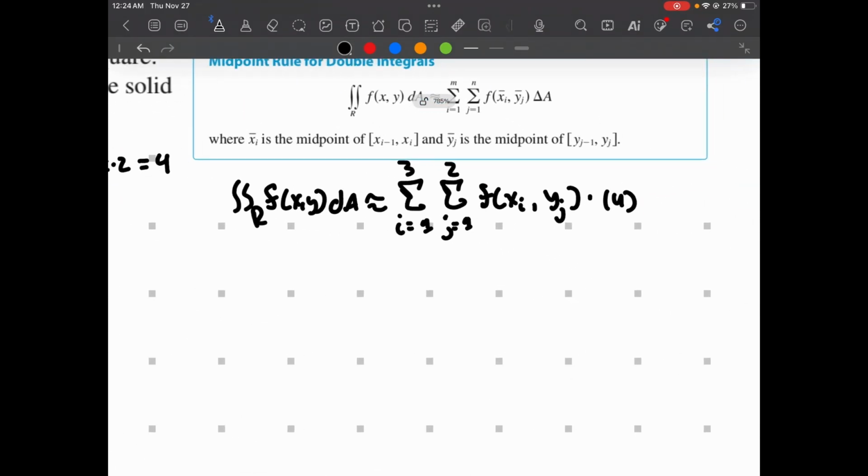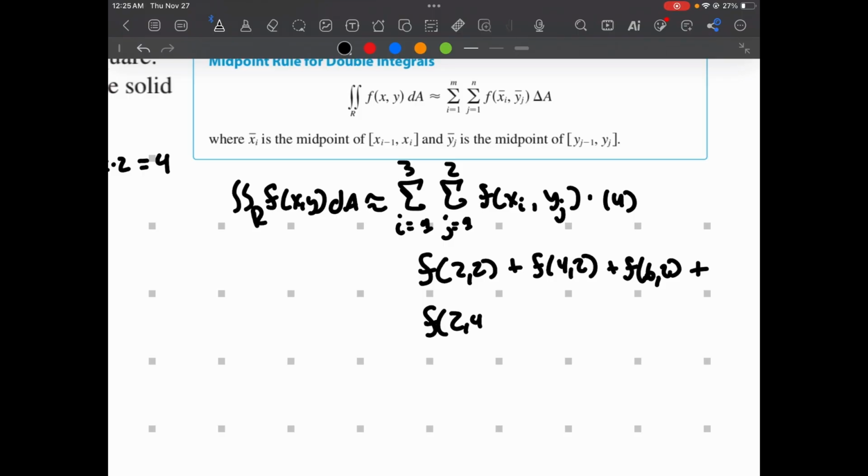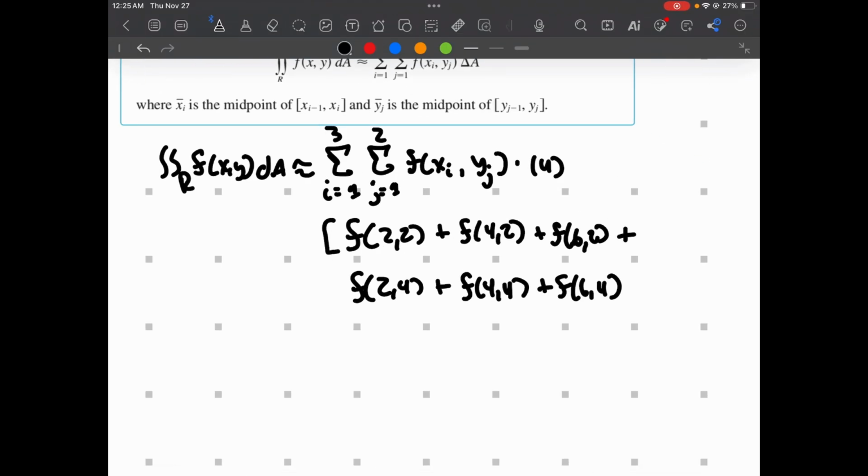So we have the summation of f(2,2) plus f(4,2) plus f(6,2) plus f(2,4) plus f(4,4) and f(6,4). And this will all be multiplied by 4.